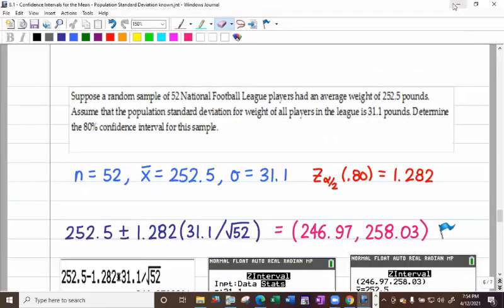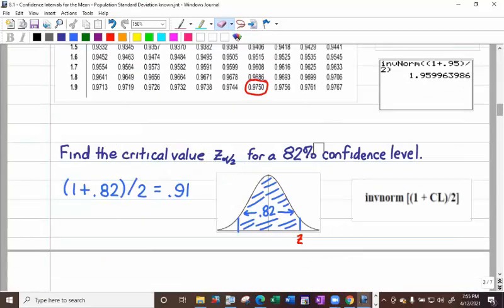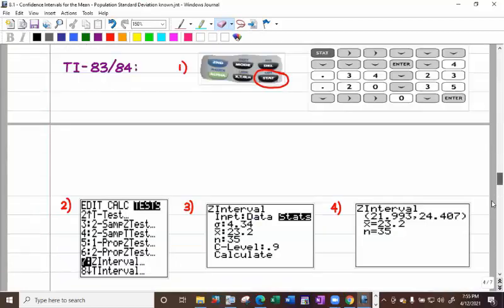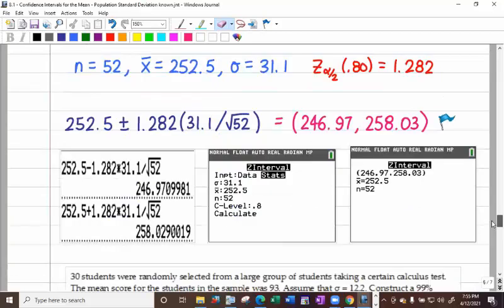Keep in mind what I do on a test, though: for these you don't have to get the number, but everybody will need to be able to get the number for an example like this one, where it's not on the chart at all. If you're using a calculator to get confidence intervals, that's fine, but you will need to know how to do this once on a test. To do a regular confidence interval, you don't have to worry about coming up with that number. You can let the calculator do it internally.